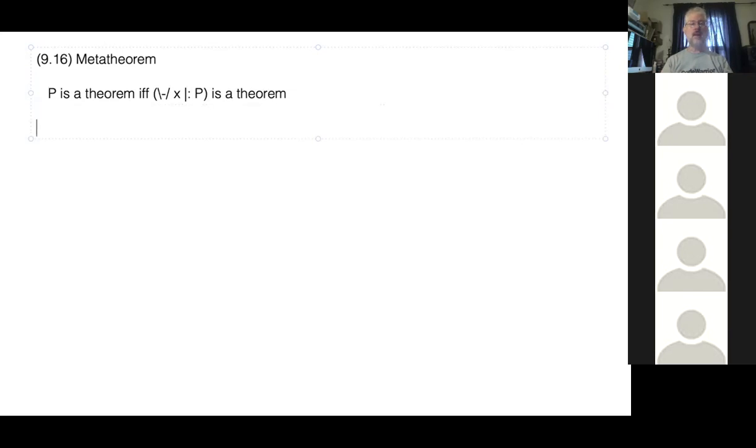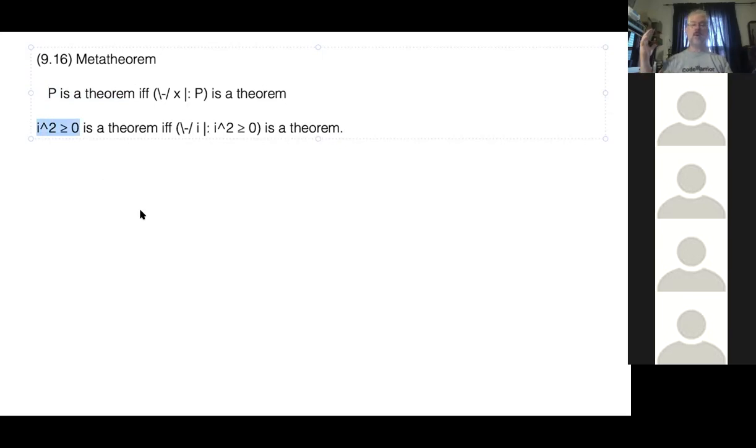So this is saying a statement is a theorem if and only if you can for all any of the variables in that statement and have a theorem. So I could say i squared is greater than or equal to 0 is a theorem if and only if for all i, i squared is at least 0, is a theorem. So, and we would often say things like this.